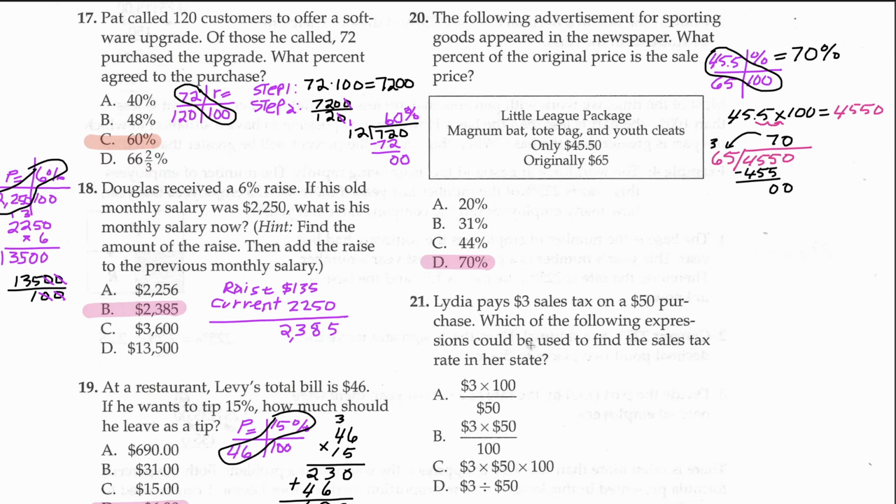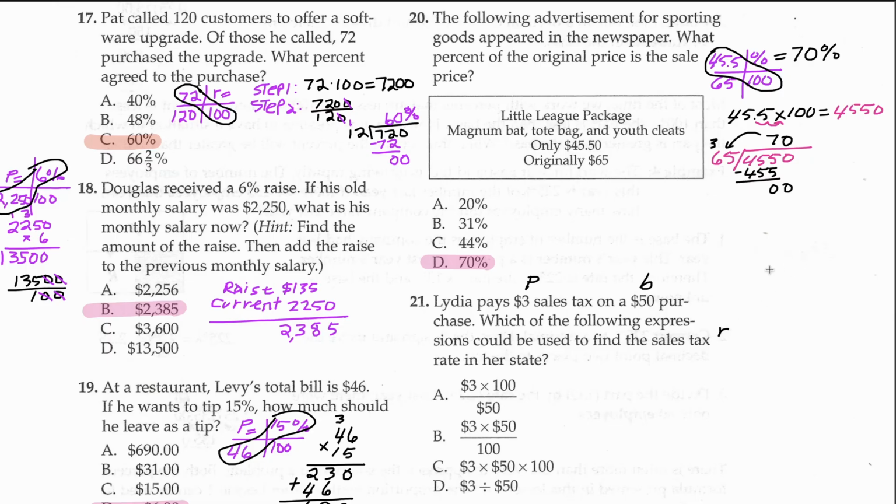We just want to know what the setup is going to be. So let's look at Lydia pays $3 sales tax on a $50 purchase. So $3 is the part, and the $50 is the base. Which of the following expressions could be used to find the sales tax rate?